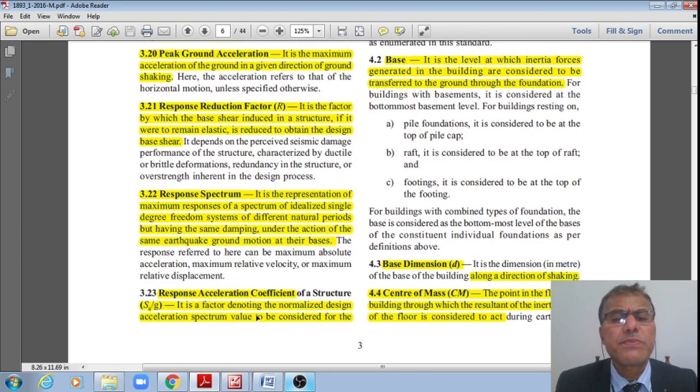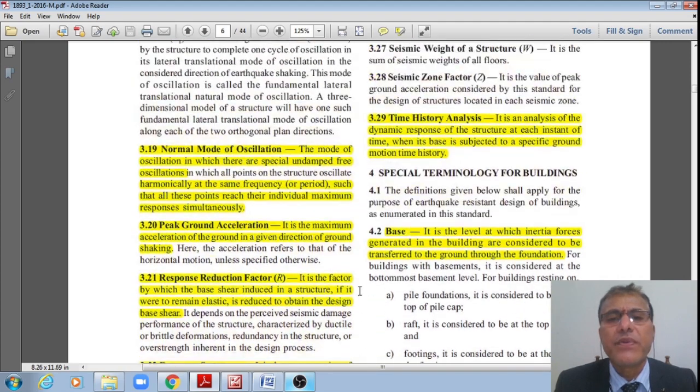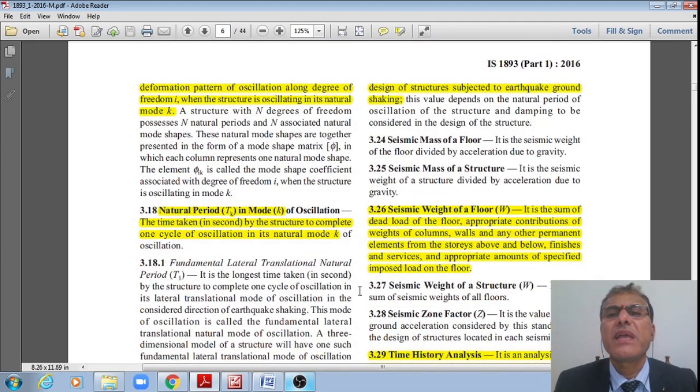Next one is the response acceleration coefficient of a structure, Sa/g, which is the factor denoting the normalized design acceleration spectrum value to be considered for the design of structure subjected to earthquake ground shaking.